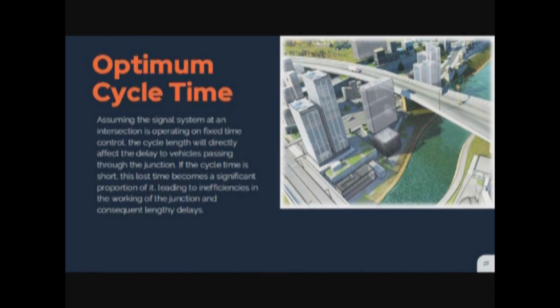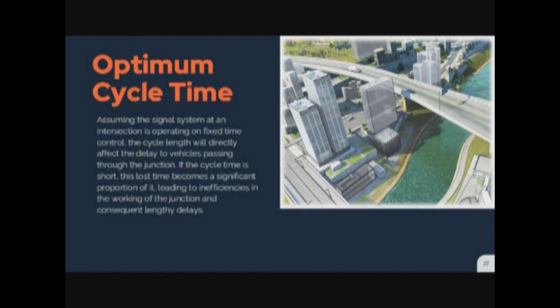So now we have the optimum cycle time. Assuming the signal is normally under fixed time control, the cycle length will directly affect the delay to vehicles passing through the junction.